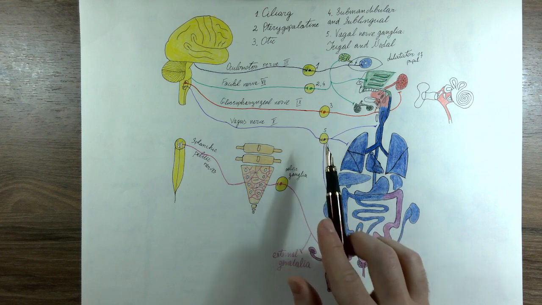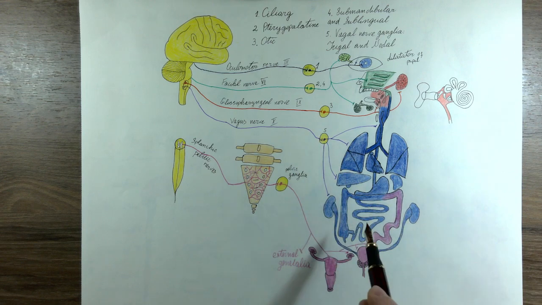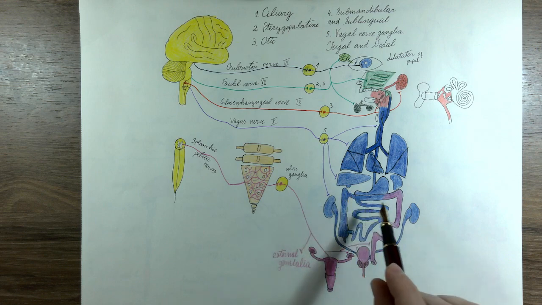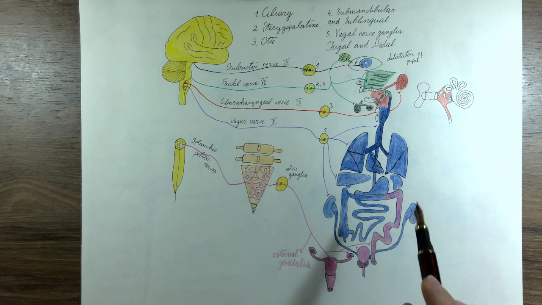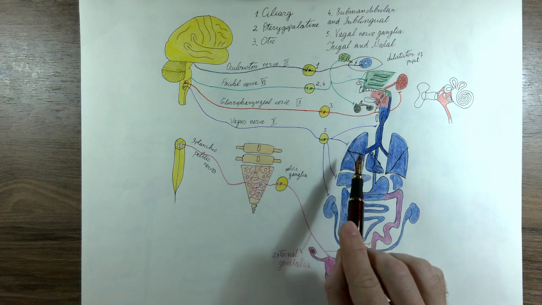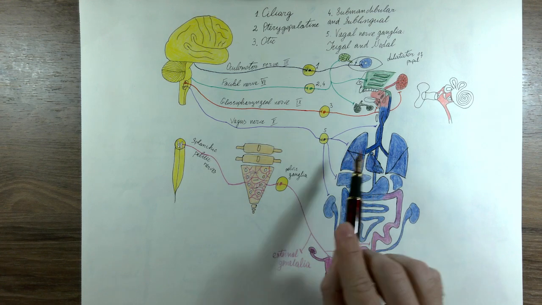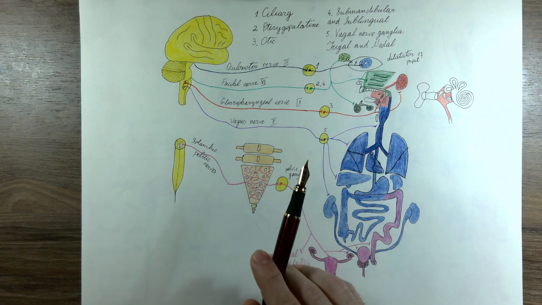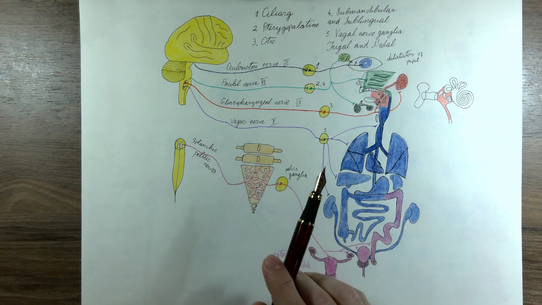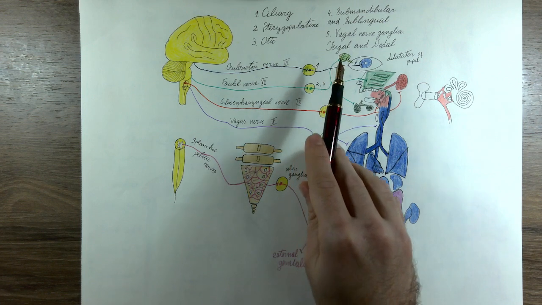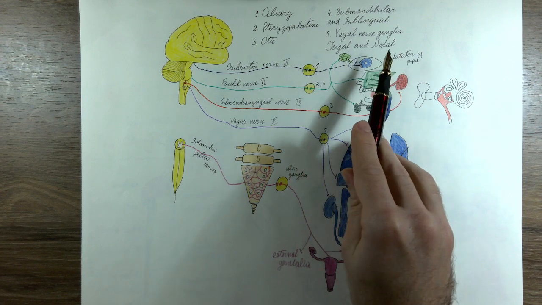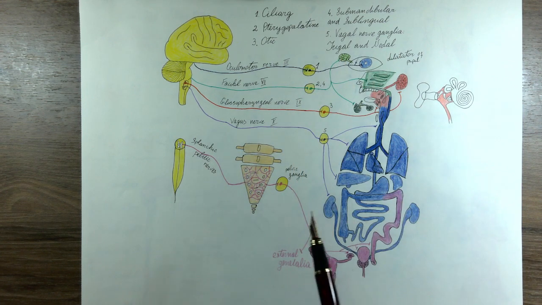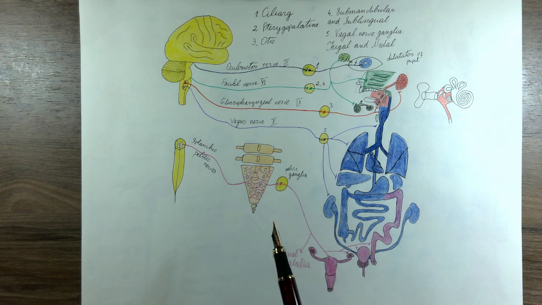Again, it could also make ganglia inside of the wall of the organs, like inside the intestines, and these are called the intra-organ ganglia. And the ganglia that are near the organs, like the bronchial ganglia, are called the para-organ ganglia. The vagal nerve does have 2 more distinguished ganglia, which are called the jugular ganglion and the nodose ganglion. Just mentioning them here if you want to remember them for your information.